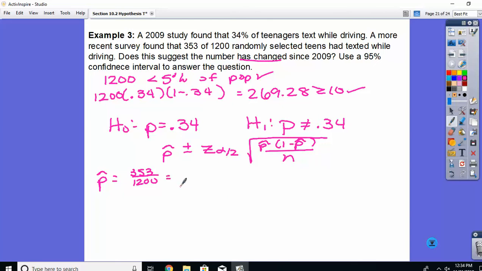So that is 0.294167. My z alpha over 2, it was a 95% confidence interval, so that would be 0.05 over 2. So that's z of 0.025. Remember, what that means is on your normal table, you're trying to find 0.975 inside the table. And that is 1.96.